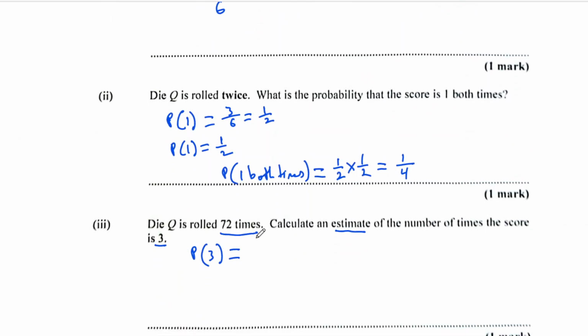So the probability of a 3 is 1/6. And then the estimate would be the probability of occurring once, multiplied by how many times it is rolled. So that is 12 times.